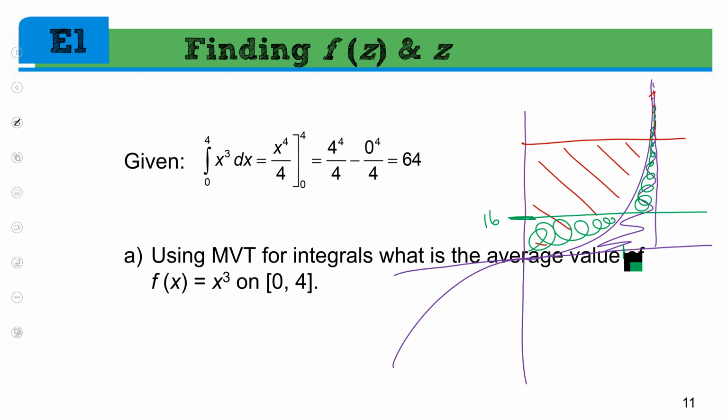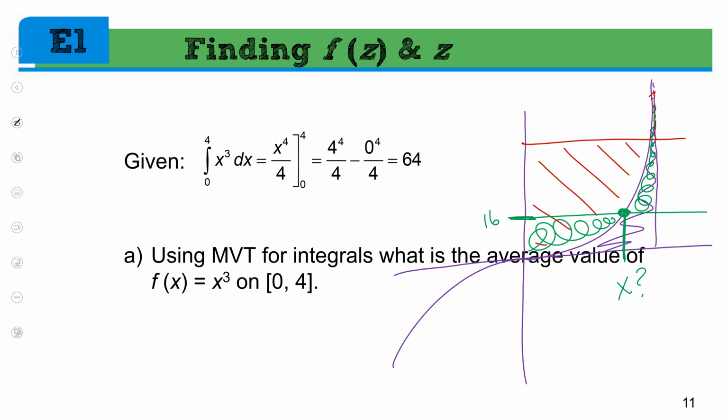The last question is then, where's this x value? Because that's where it hits the graph. If I go backwards from 16, I hit the graph there. How do I find the x? Anybody?